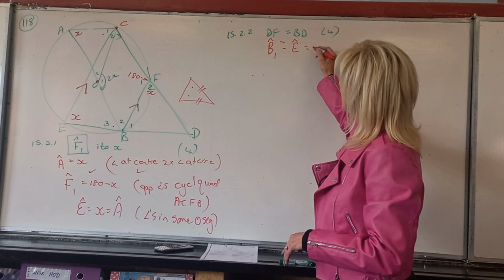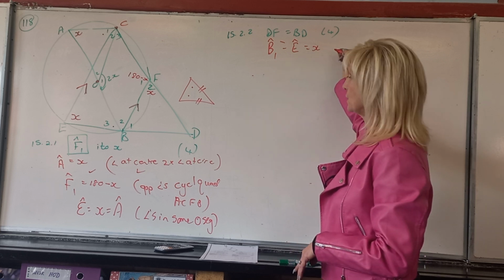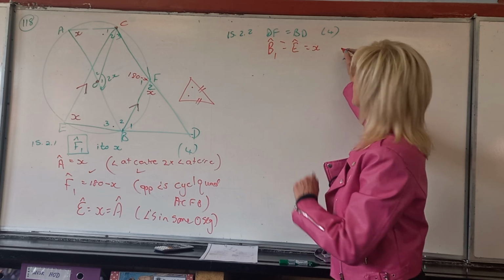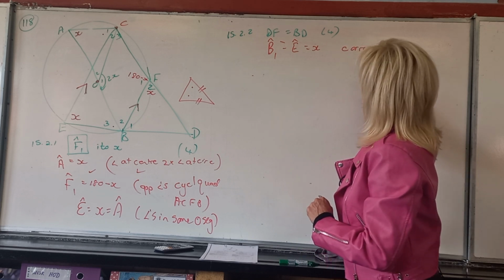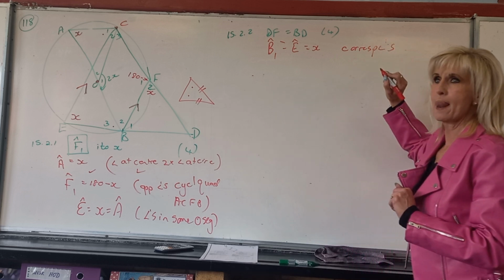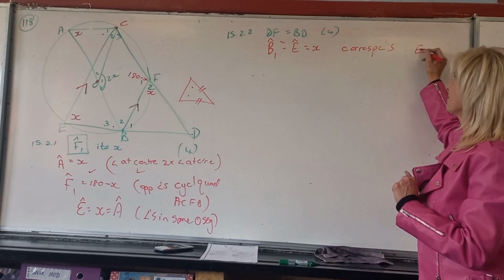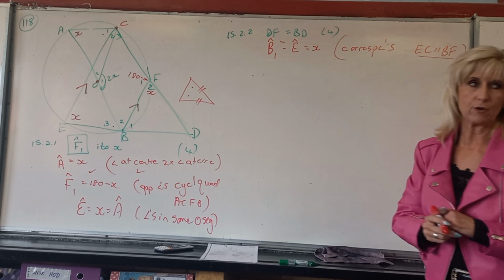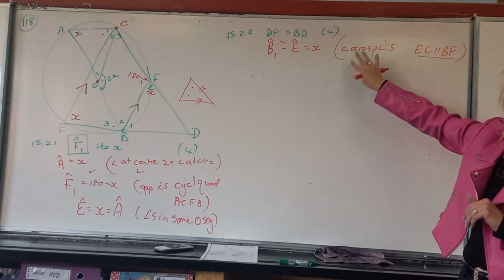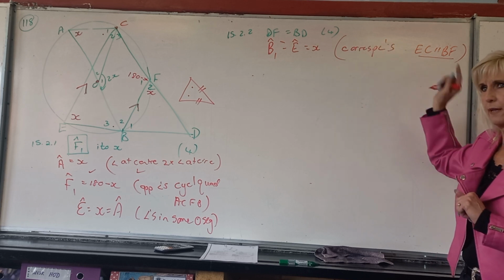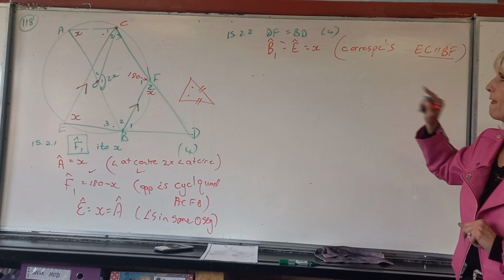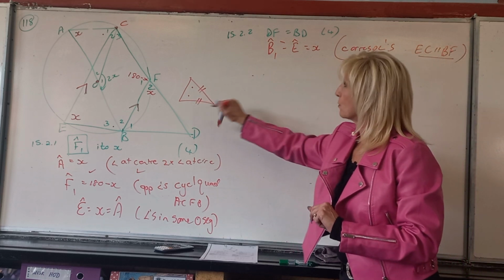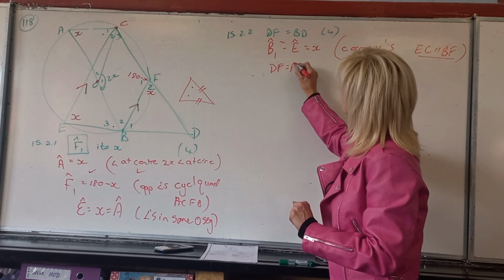So I need that E, and then I can say that they are both equal to X, because EC is parallel to BF. Remember, if that's not there, you don't get the mark. Corresponding, alternate, co-interior has to have that additional little tail there. And if they are equal, then those sides will be equal. Then BF will be equal to BD.